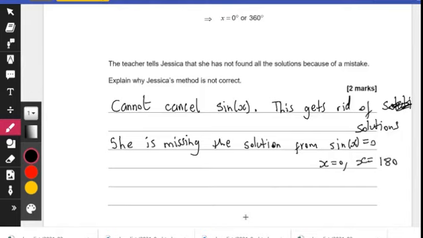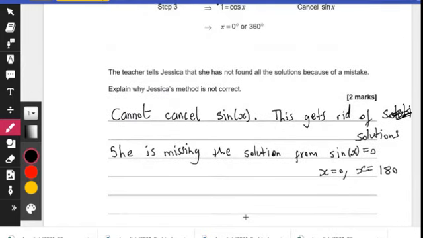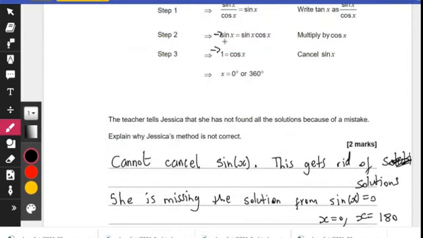Sir, if you were to do that question, how would you do it and still get the cos x equals 1 if you're not allowed to cancel sine? So a better way to do it, I'm going to write it here in red. We have sine x equals sine x cos x. Better way to do it is to take away sine x from both sides.